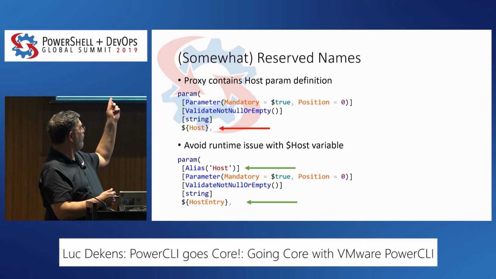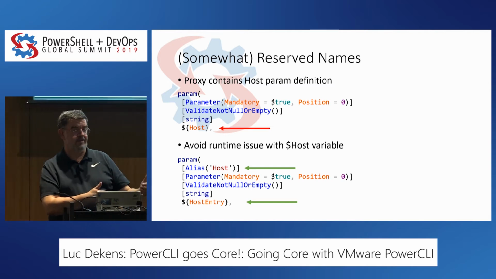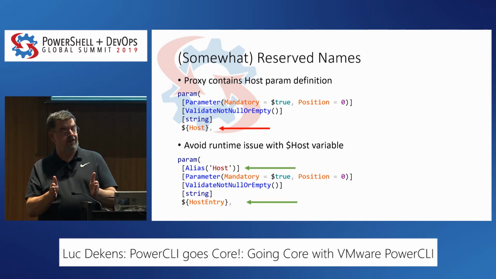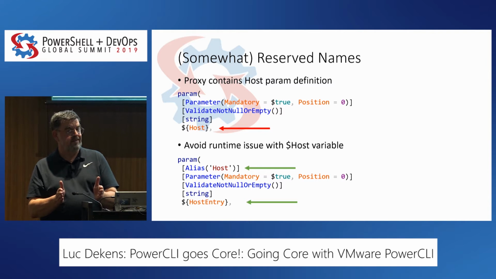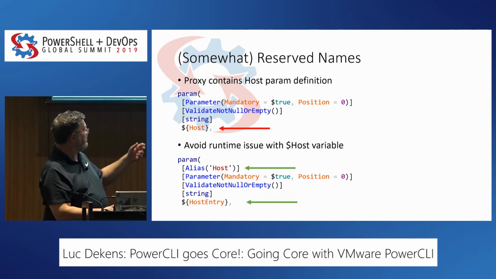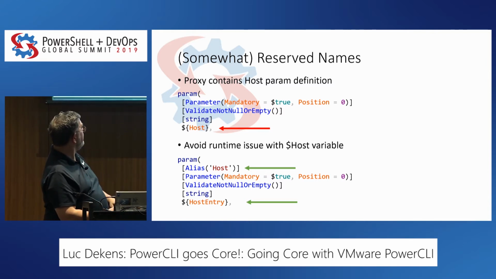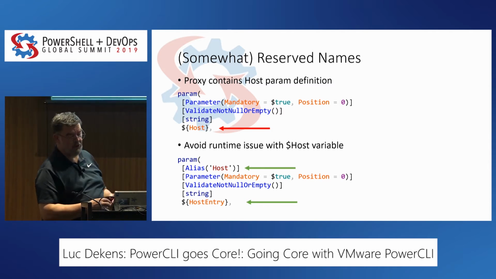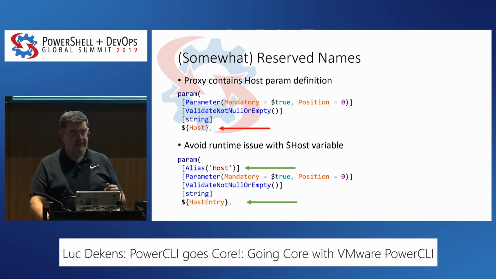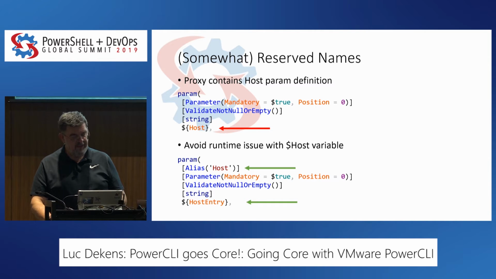But you just keep host as the alias, so you can still call it. Your old scripts that call it with the host parameter will work. It's an alias, but internally it will be represented by the parameter or variable HostEntry in this case. I didn't submit this yet, but I think this will become an idea in the coming days, probably, that you consider changing that.